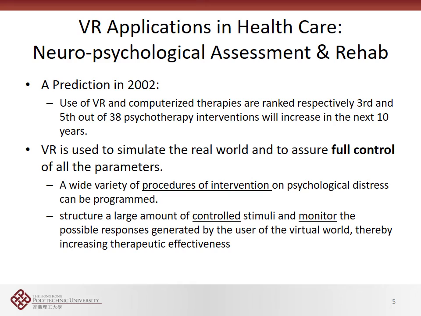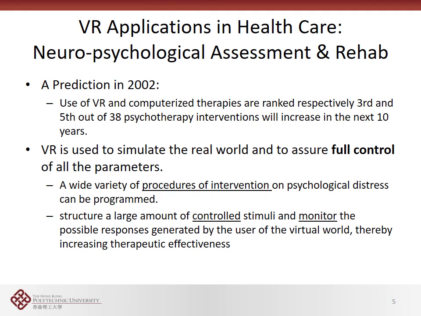Specifically, VR is used to simulate the real world and to assure full control of all the parameters in neuropsychological assessment and rehabilitation. First, a wide variety of procedures of interventions on psychological distress can be programmed in a VR system.